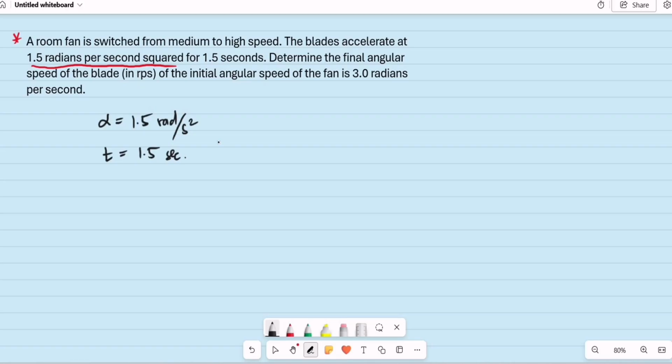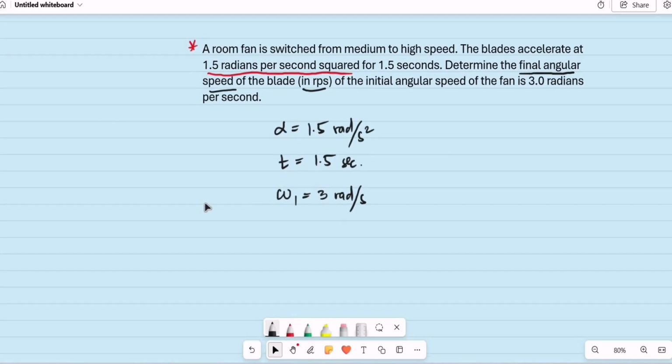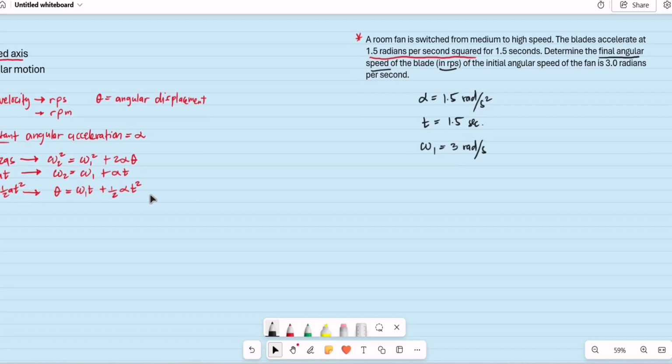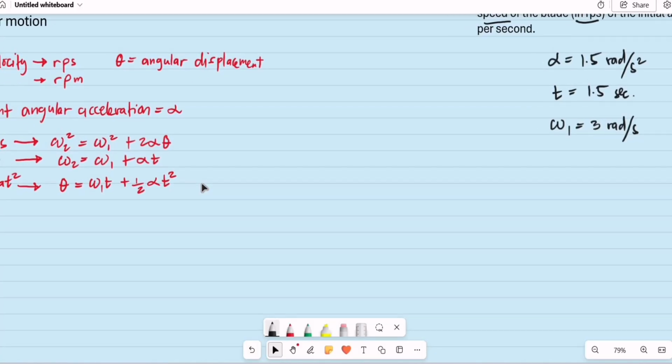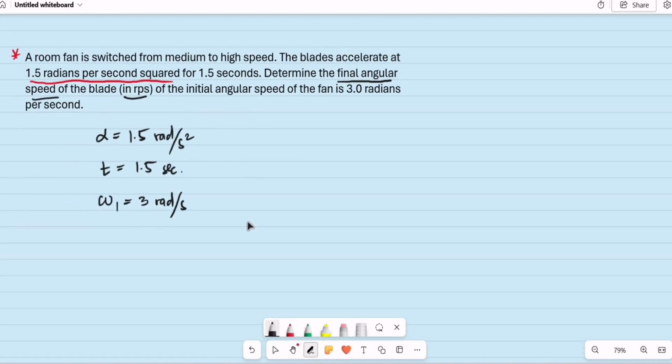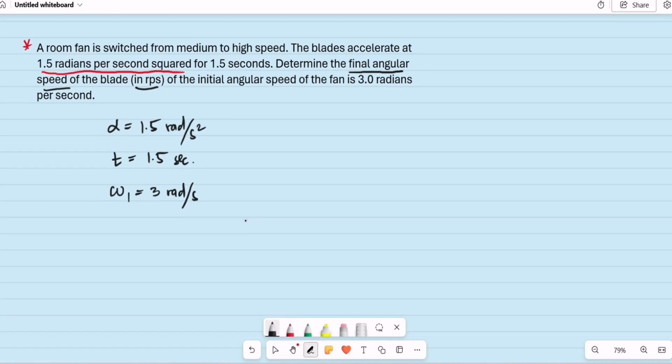And then we are required to determine the final angular speed of the blade in radians per second. The initial angular velocity is 3 radians per second. Among the three equations, what is the most suitable one? That will be the second one, so we are using equation number 2.